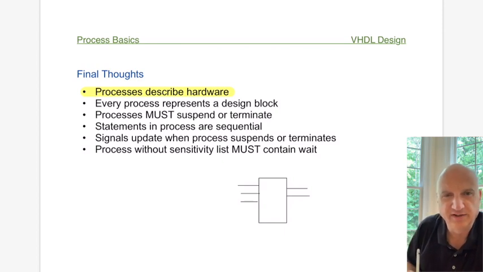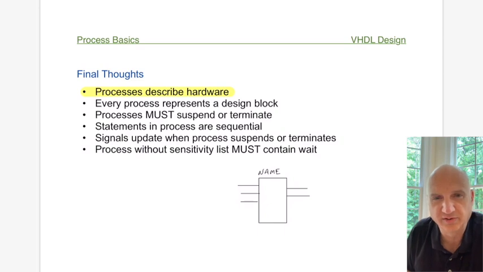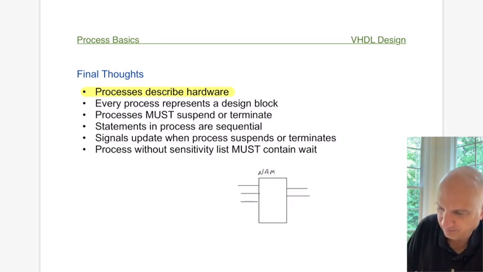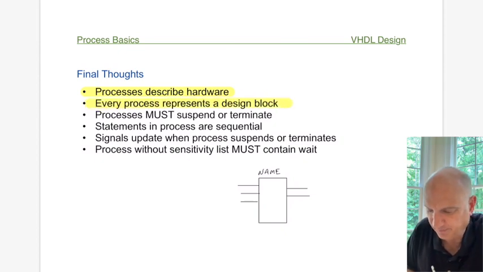And the process itself will have a name, which we've talked about, and the process name would be specified above the block. This is the way we would draw block diagrams of our process, so we can see how it interacts and relates to other parts of the design. So like I said before, the process represents a design block.